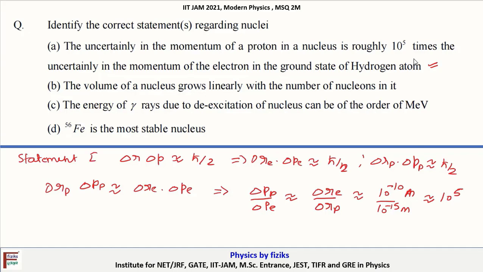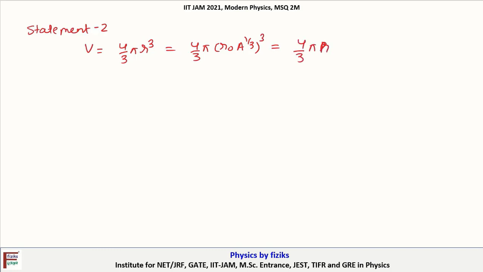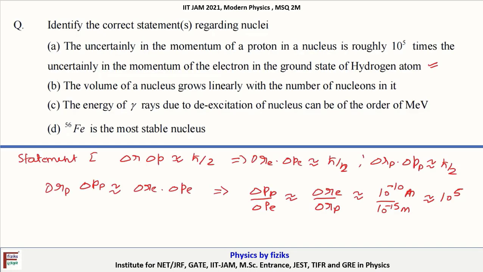Now coming back to the next statement, statement 2. We know the volume of the nucleus is 4 by 3 pi r cube, which can be written as 4 by 3 pi r naught A to the power 1 by 3 cubed, which is 4 by 3 pi r naught cube A. So the volume of the nucleus grows linearly with the number of nucleons in it.